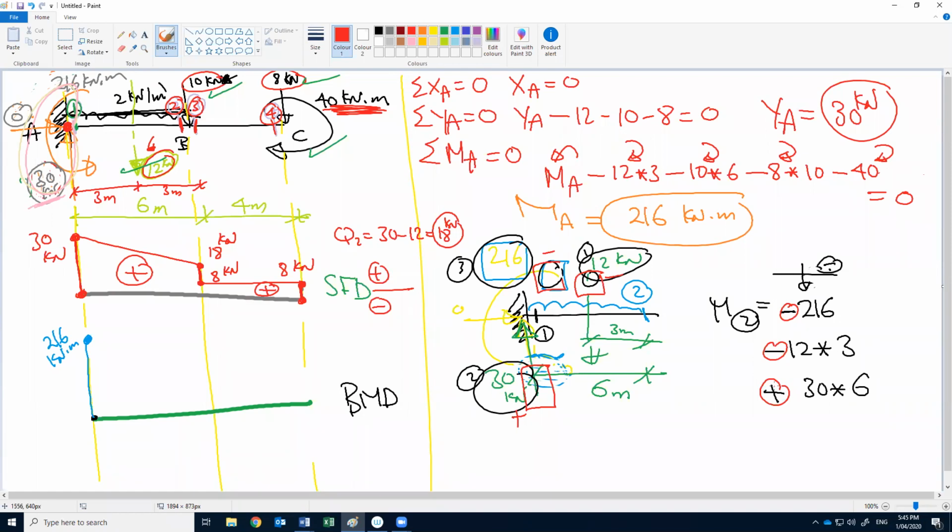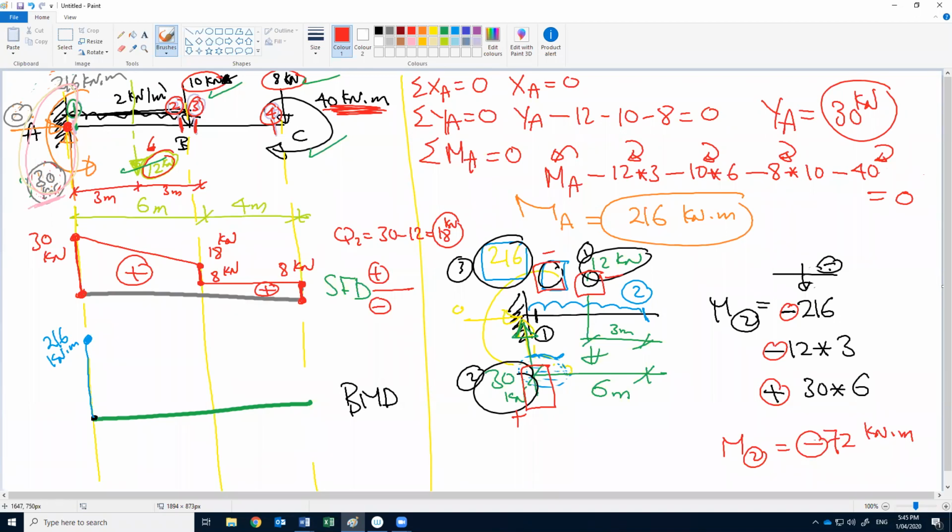Yep, makes sense to me. If anybody has a question, you can ask me or let me know. So minus 72. M at 2 will be minus 72 kilonewton meter. What does this minus mean?